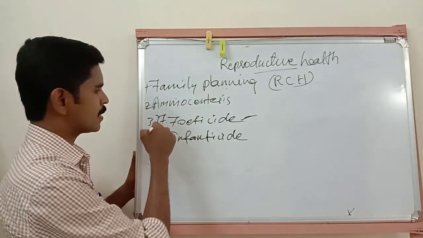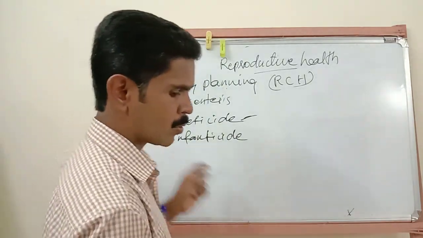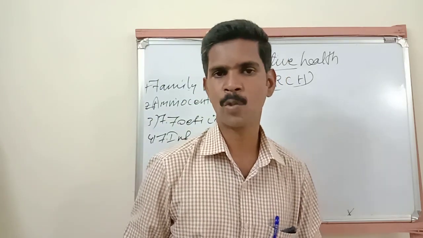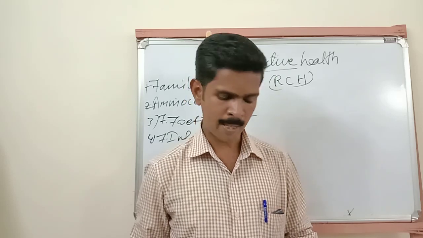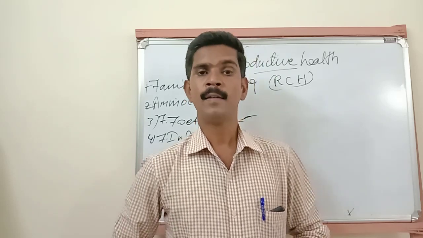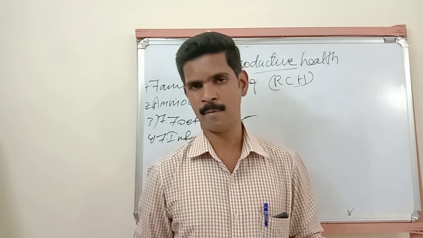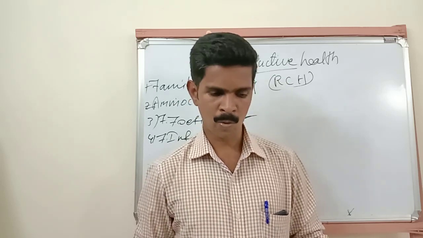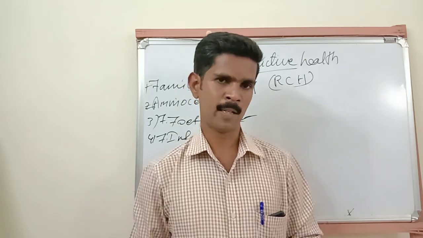Today we have completed only 2-mark and 3-mark question answers. Today I didn't teach any 5-mark question. Next class I will teach a very important 5-mark question. So you all study today's 2-mark and 3-mark questions.